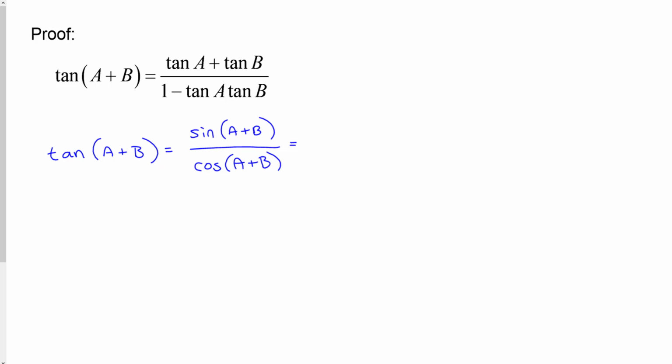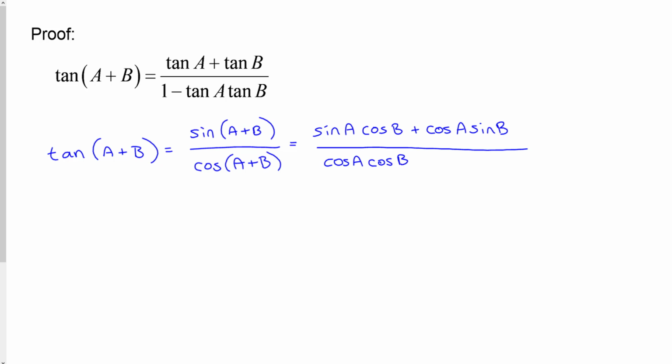Sine of A plus B is sine A cosine B plus cosine A sine B, and divide that by cosine A cosine B minus sine A sine B.